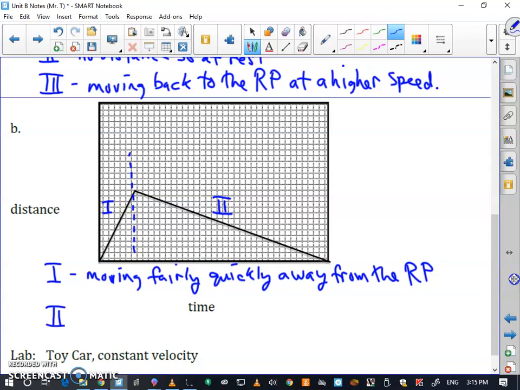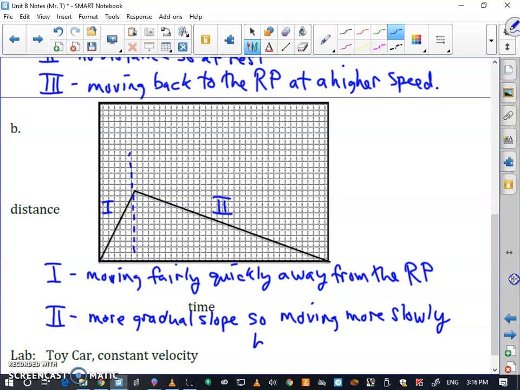And in part two, you're moving slowly back to the reference point because the line is just much more gradual slope, okay? So it's more gradual slope, so moving more slowly back to the reference point. I hope you're getting the idea here.